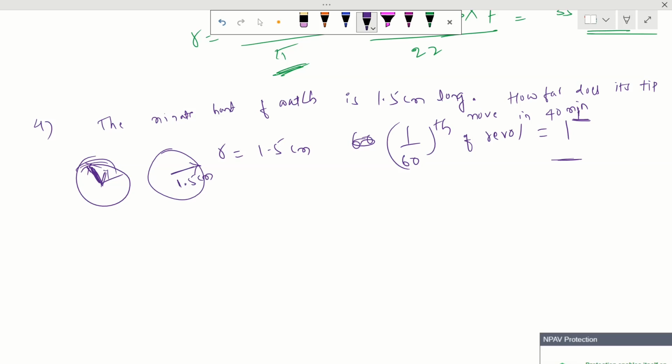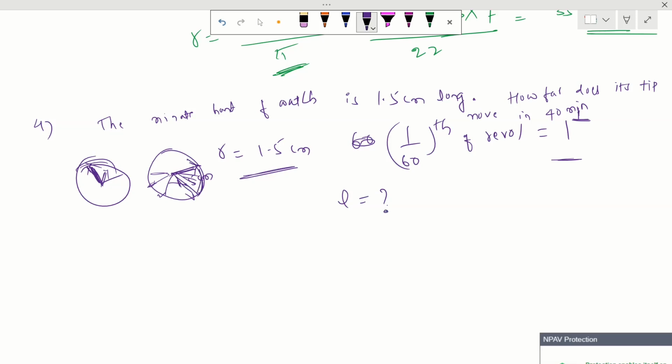So here the minute hand of the watch is 1.5 centimeters, so the radius is given. How far does its tip move in 40 minutes means the arc length. The minute hand goes like this, tick tick tick. If it goes like this, what is the arc length?